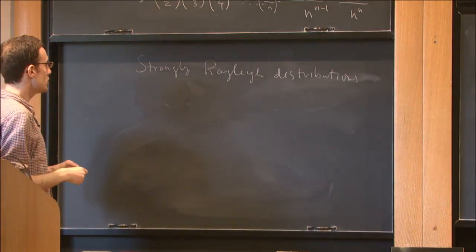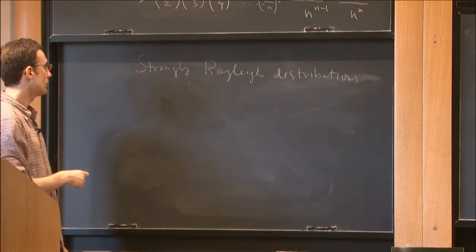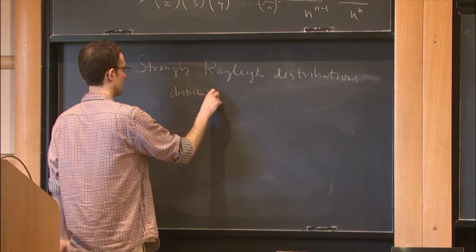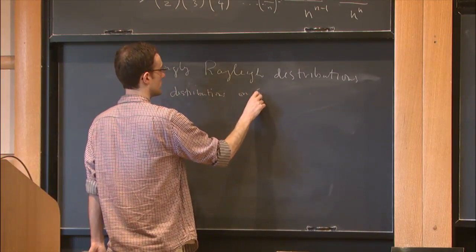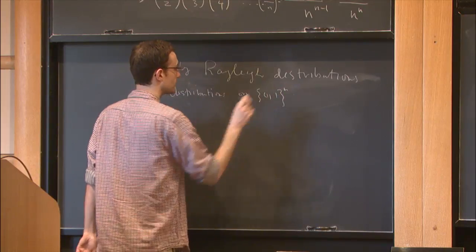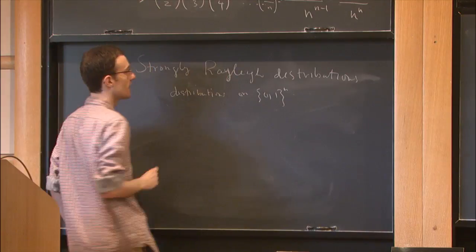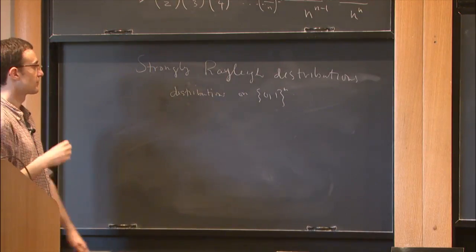These are distributions on {0,1}^n, Rayleigh, R-A-Y-L-E-I-G-H.